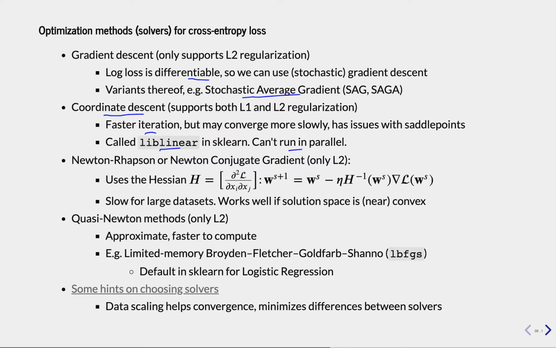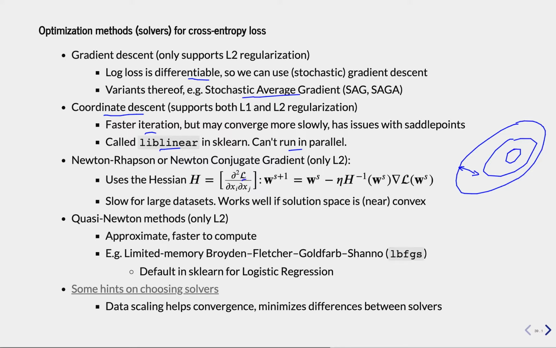There's another thing you can do, which is called Newton-Raphson or the Newton conjugate gradient. What that does is, so you have a convex loss function, instead of just computing the gradient and saying, well, I want to go there, you can actually also compute the second derivative of the loss function. It's called a Hessian.